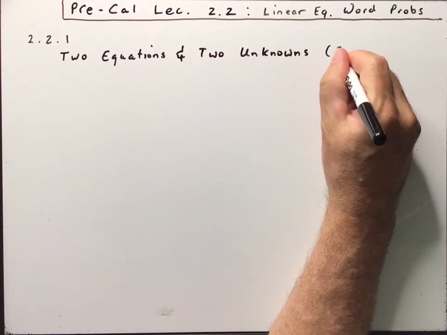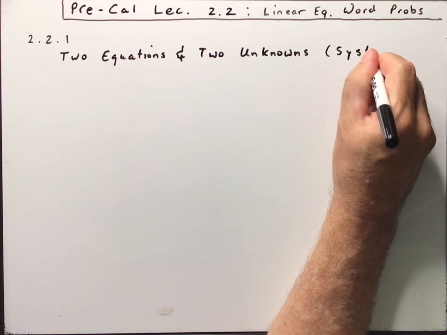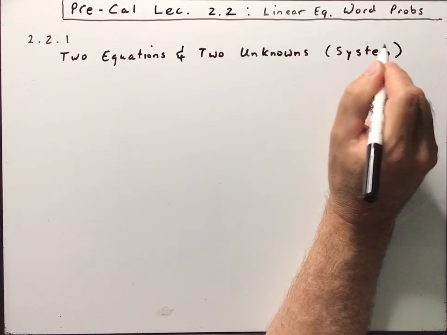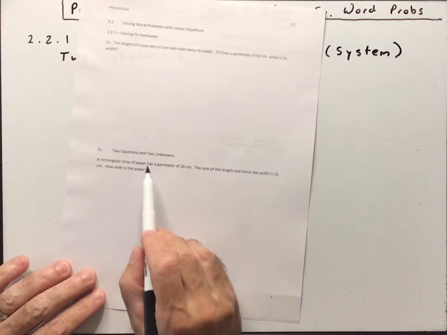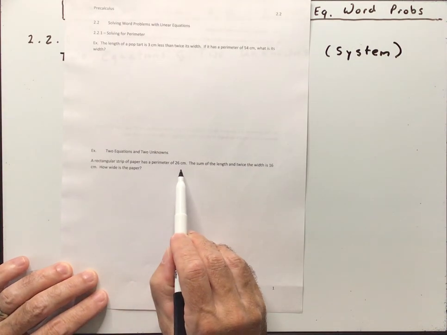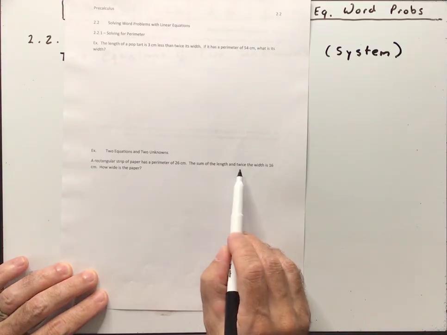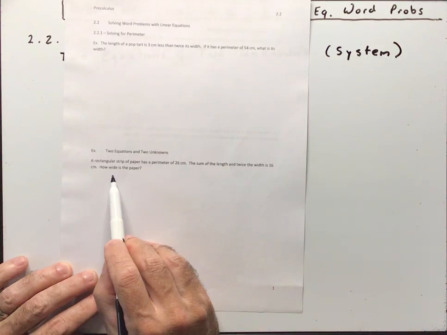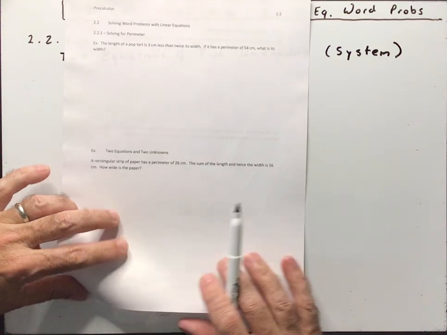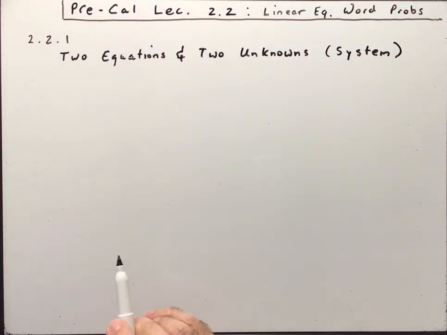So what we're going to have is what we call a system of equations. It says a rectangular strip of paper has a perimeter of 26 centimeters. The sum of the length and twice the width is 16 centimeters. How wide is the paper? Well, let's come up with a couple of equations.